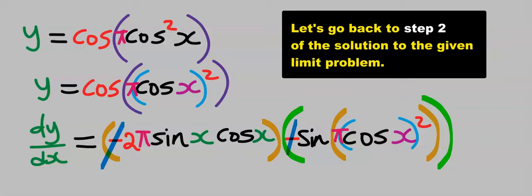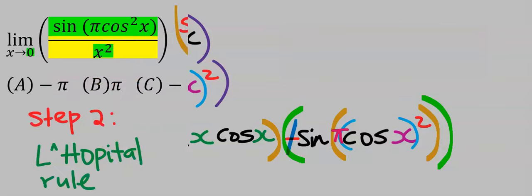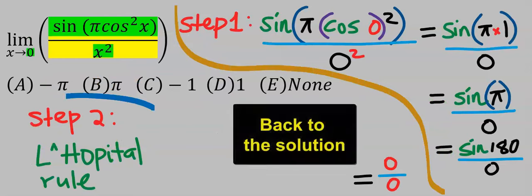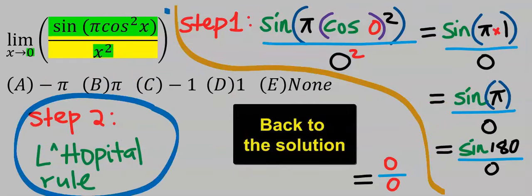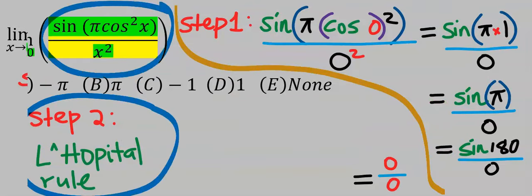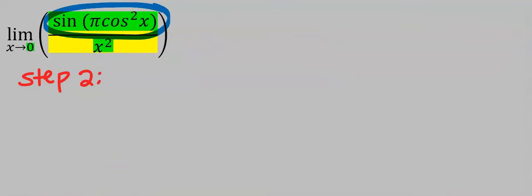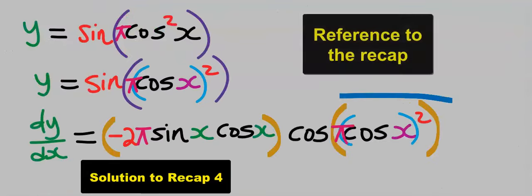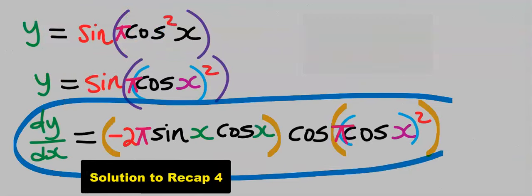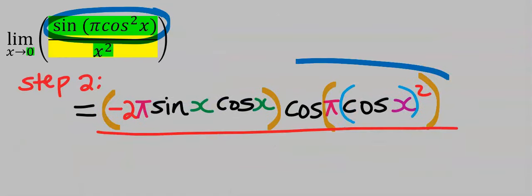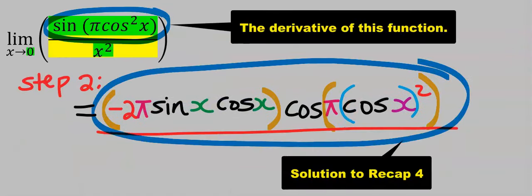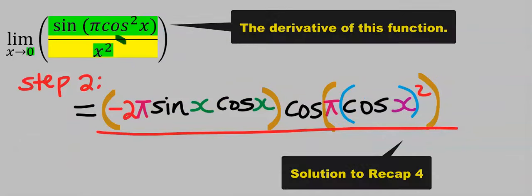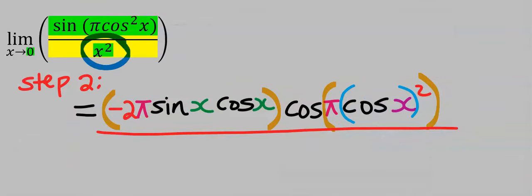With all these concepts in mind, we can now apply L'Hopital's rule to this function. Differentiate the numerator, which we have solved earlier, and this will be the answer. And now we got this. Next, differentiate x squared, and you're going to get 2x.